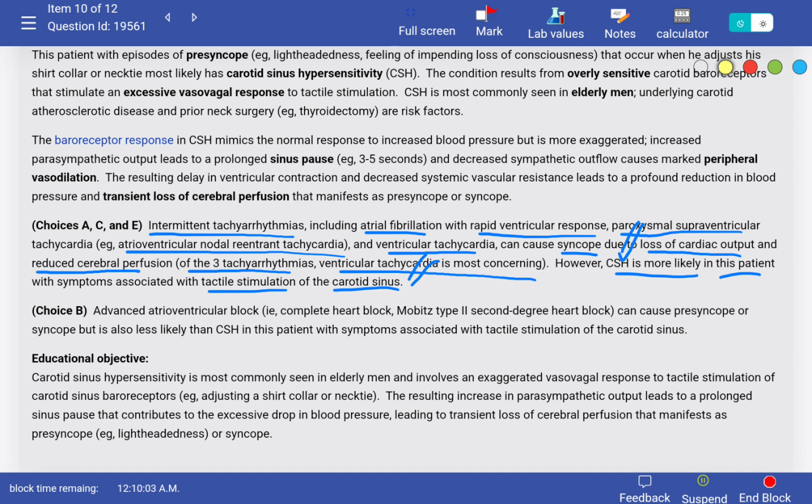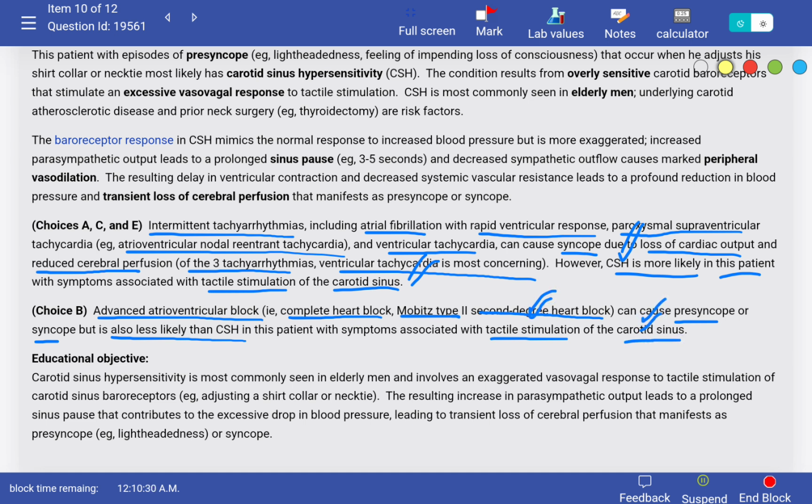Okay, then why not option B, advanced atrioventricular block, for example, complete heart block or Mobitz type 2 second degree heart block? It can cause pre-syncope or syncope, but is also less likely than CSH in this patient with symptoms associated with tactile stimulation of the carotid sinus, right?